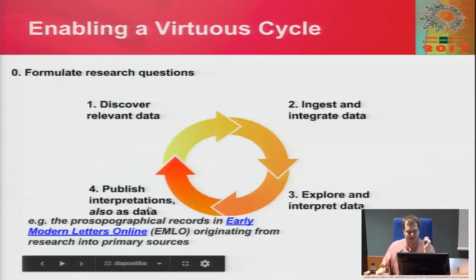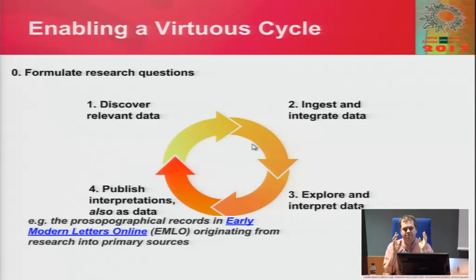If you have linked data, you could also publish your interpretations as data, and through that create a virtuous cycle. The people in the biological sciences do this very much. They do research, it produces a data set, and then that data set is published for others to use. This could also be the case in the humanities, based on linked data.